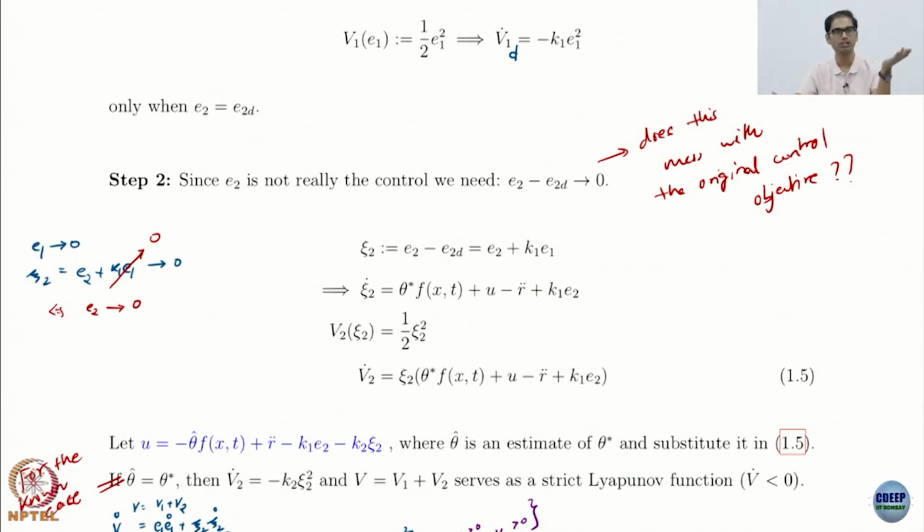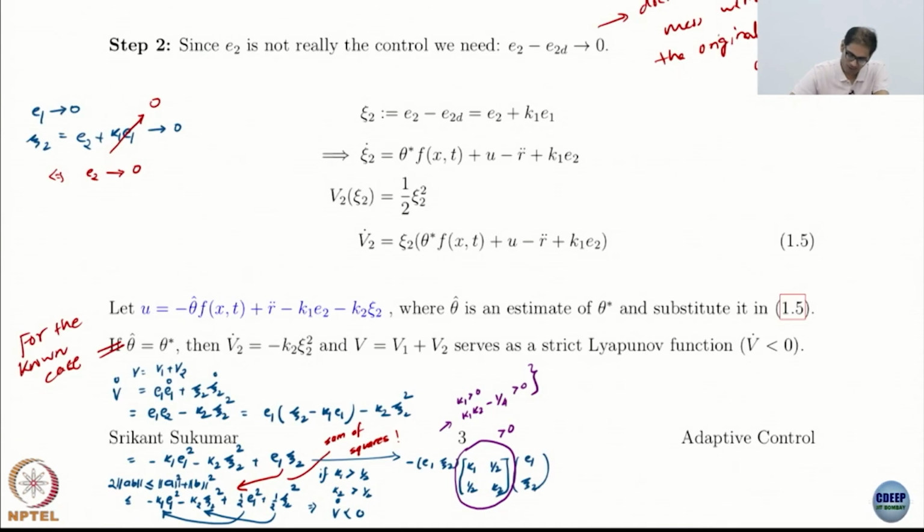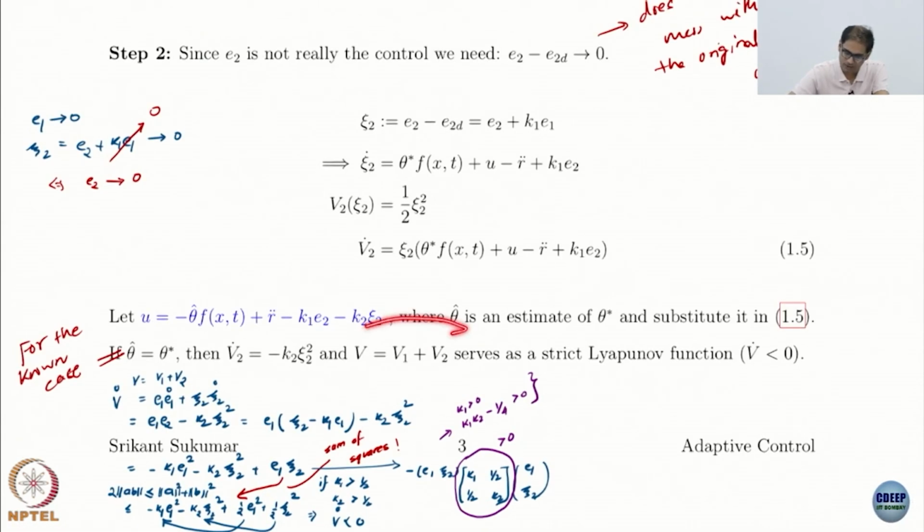This is what we proved in our backstepping result. Great. So what is V2? V2 is half psi2 squared, and V2 dot is psi2 times the derivative of psi2. Right now we are not looking at V completely. The V for the entire system would be V equal to V1 plus V2.